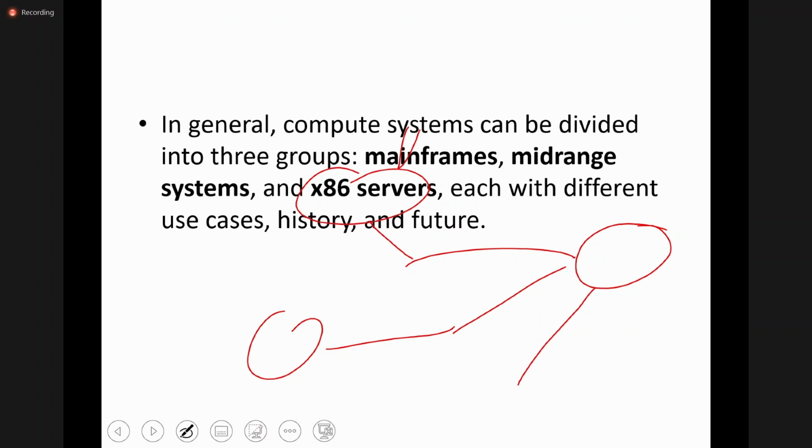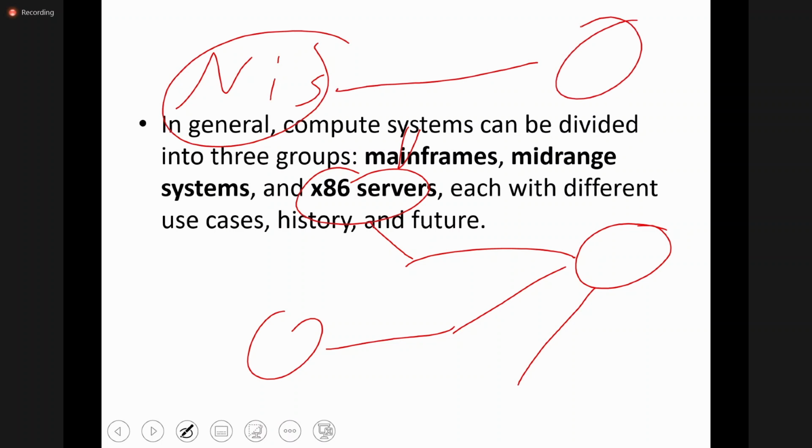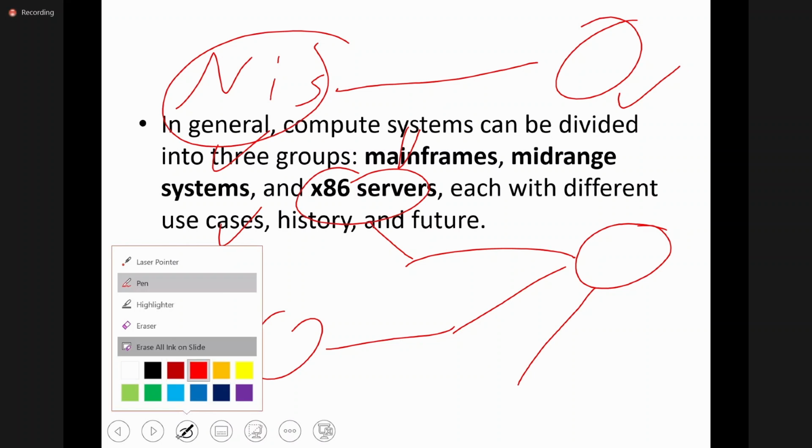I'm talking about the huge companies around the world. For example, Nissan has a lot of branches around the world, and all of them are connected to one mid-range server. They have a server in Saudi, which is an x86, or in different locations, and the mid-range server exists in another city.